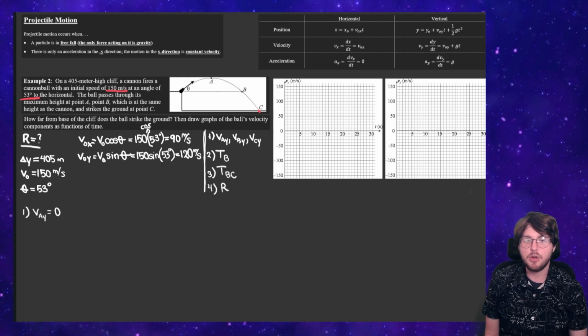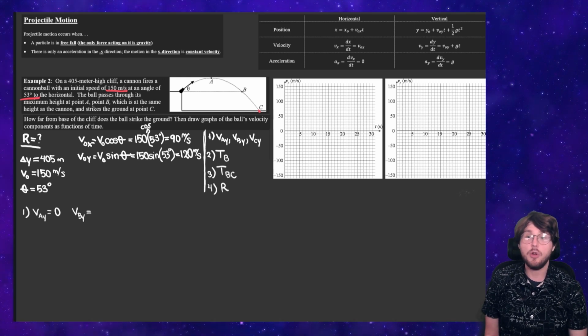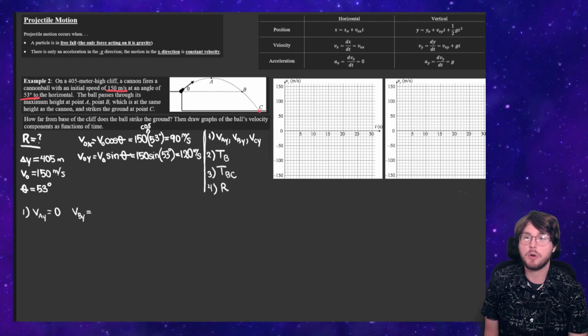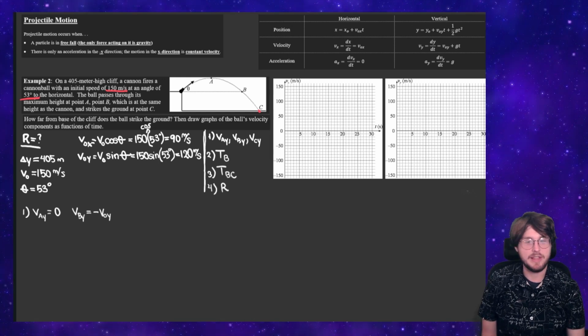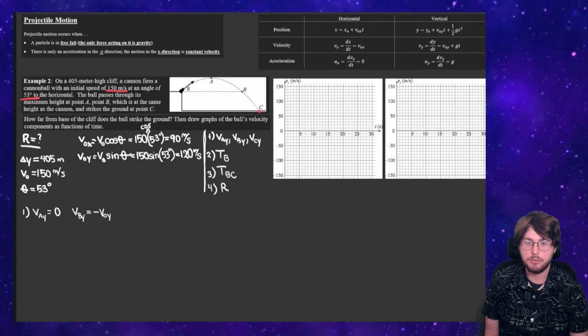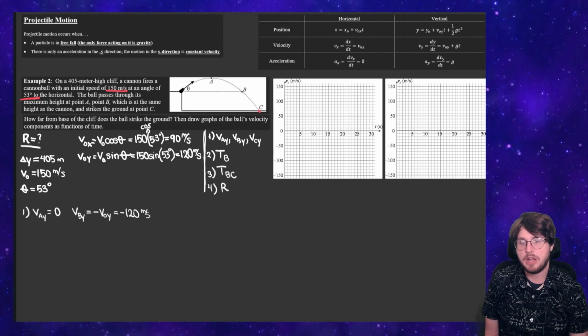And VB is also going to be fairly nice because for VBY, we can also pull another tool out of our toolbox because we're assuming it's a ground-to-ground trajectory, that says that it's going to be negative V0 Y. And that is also from our toolbox. So it'll be negative 120 meters per second downwards in this case.